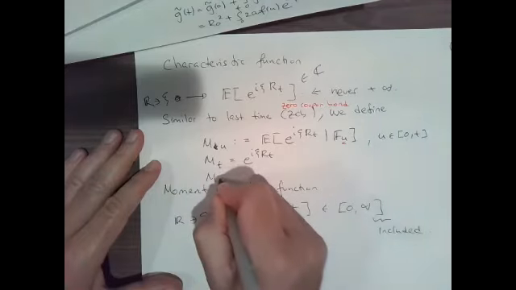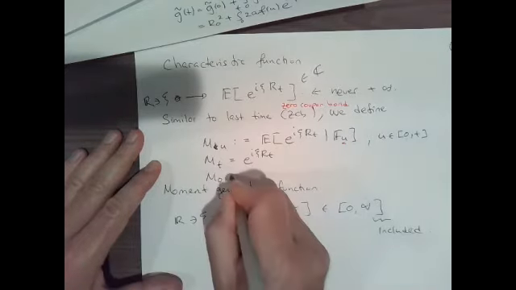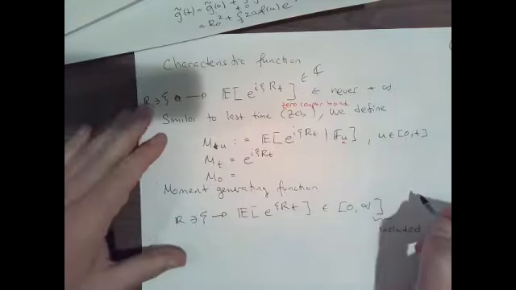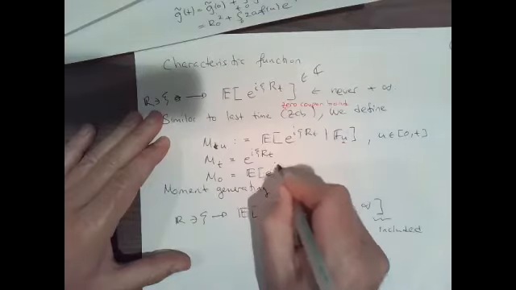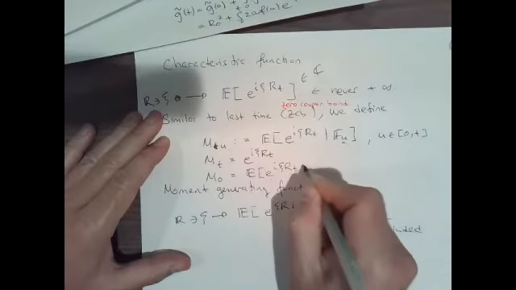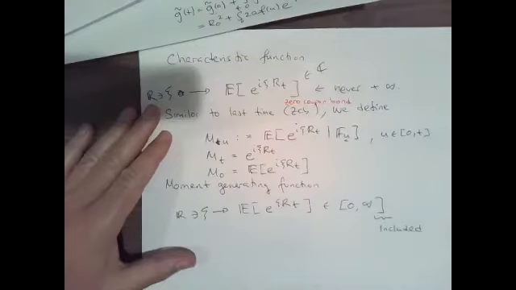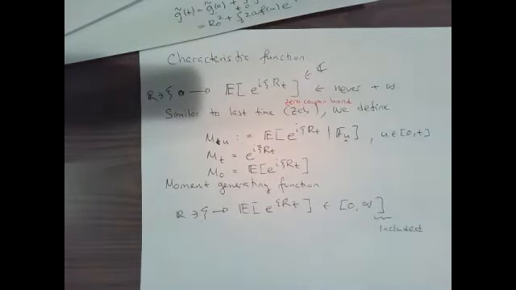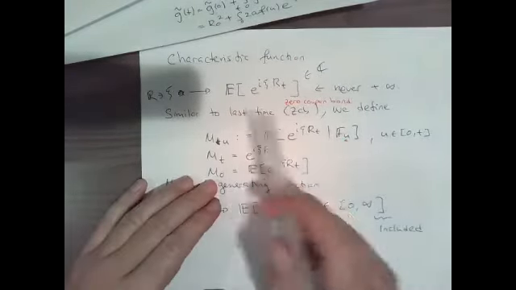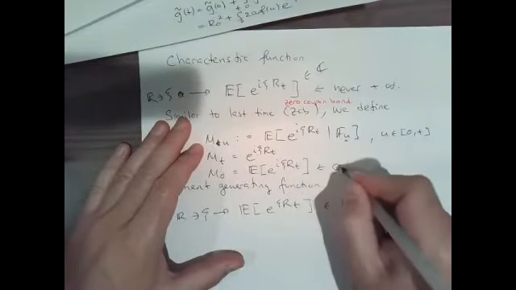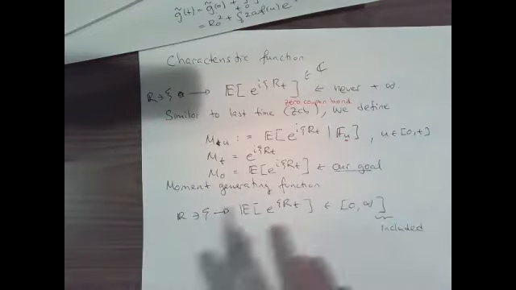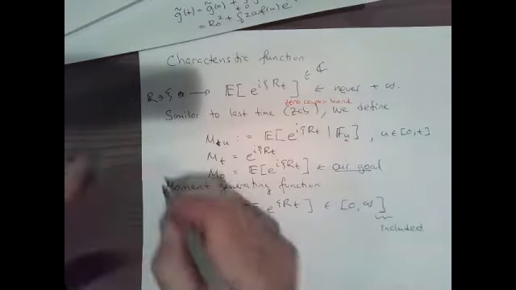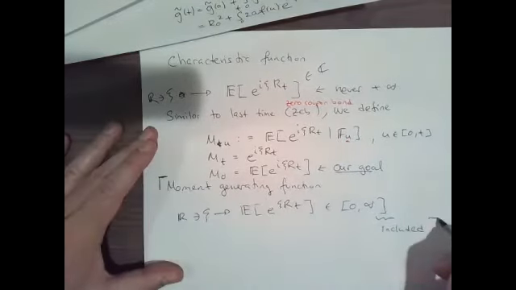And then if I look at M0, on the other hand, M0 is this expectation. And that's the one I want. M0 is the thing that I'm looking for. This is our goal. So if I can figure out what M is, then this here is just a comment.